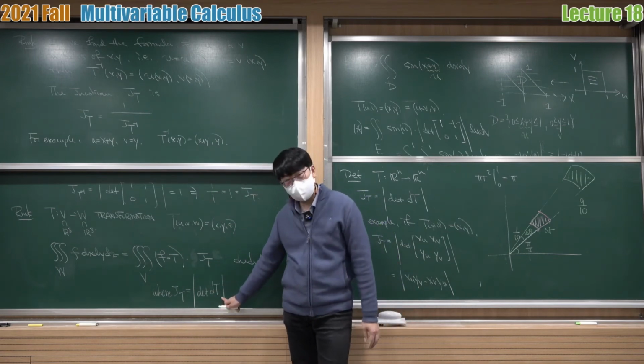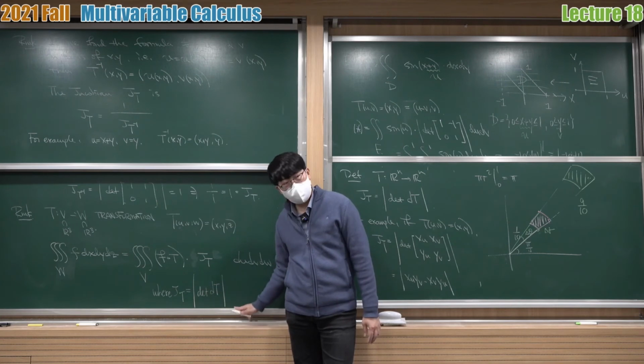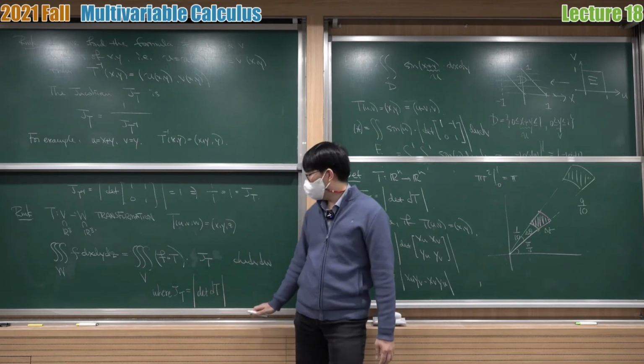So DT is a 3 by 3 matrix. You can find the determinant, and then you take the absolute value. That's the Jacobian of T.